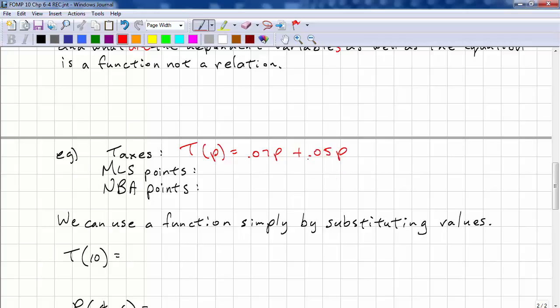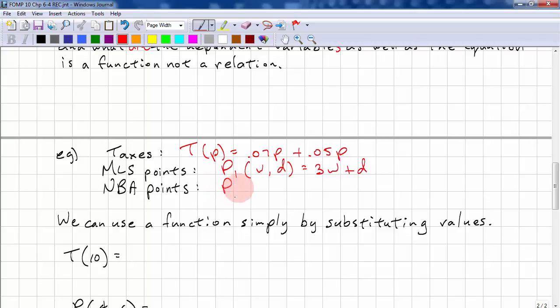This is for British Columbia. We have MLS points. So the points, and I'm going to label this P1 because I'm using P again later, we have wins and we have draws. And losses don't count. So we get 3 points for a win plus 1 point for a draw.